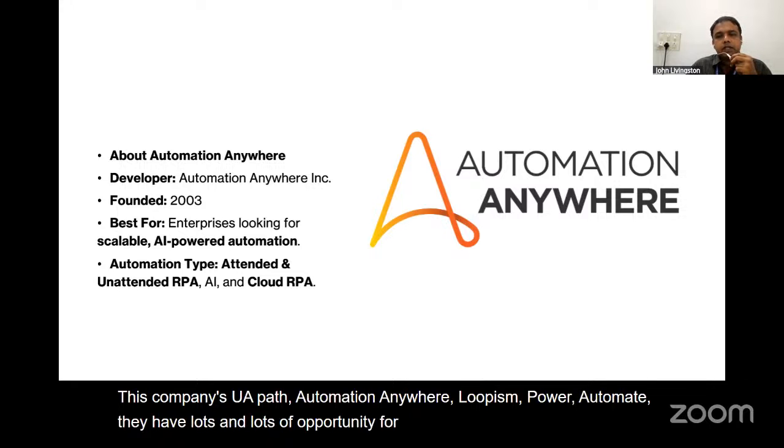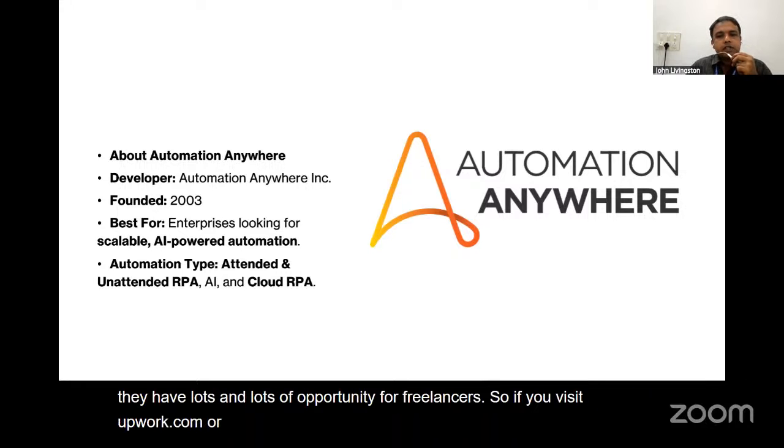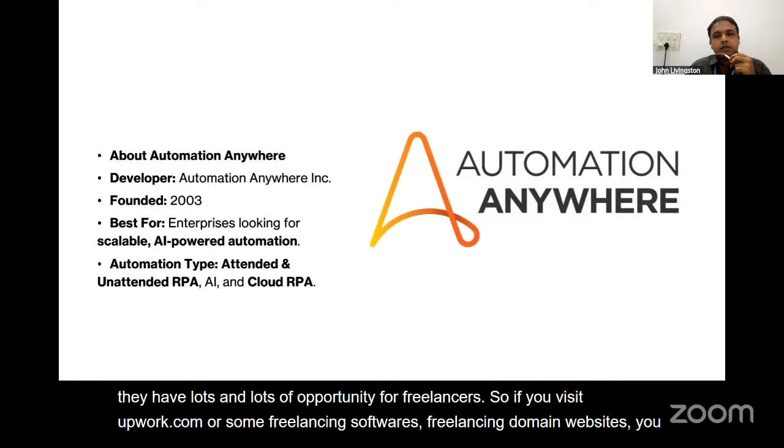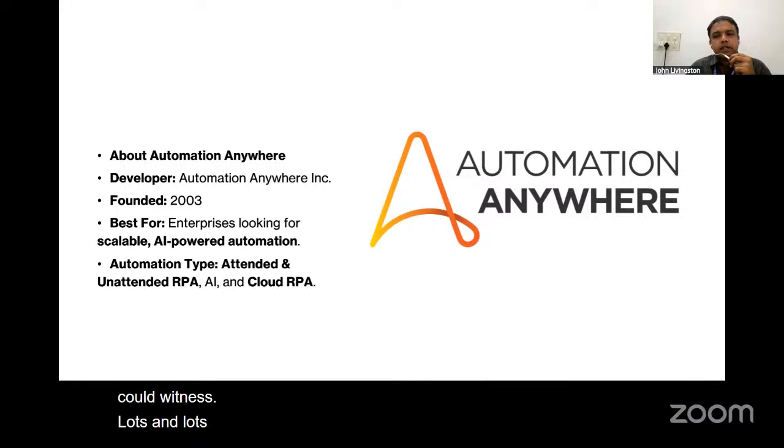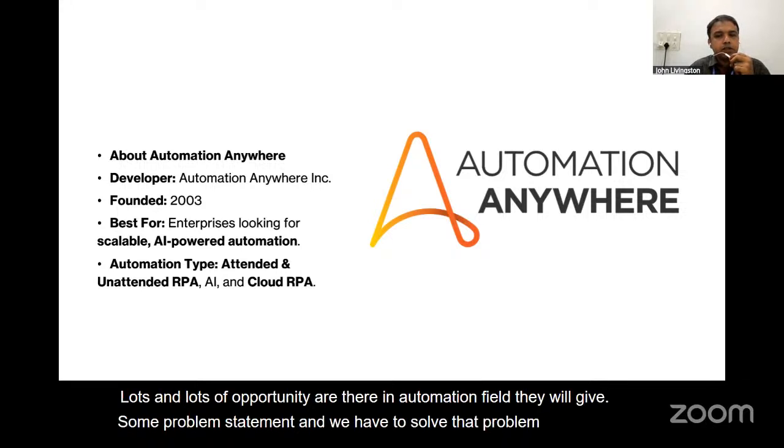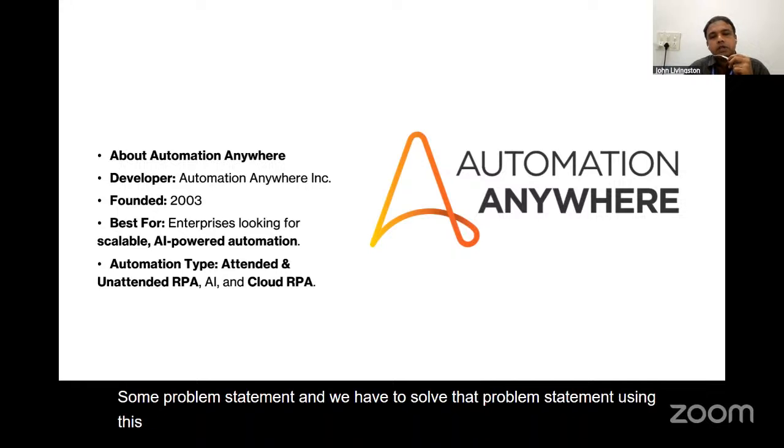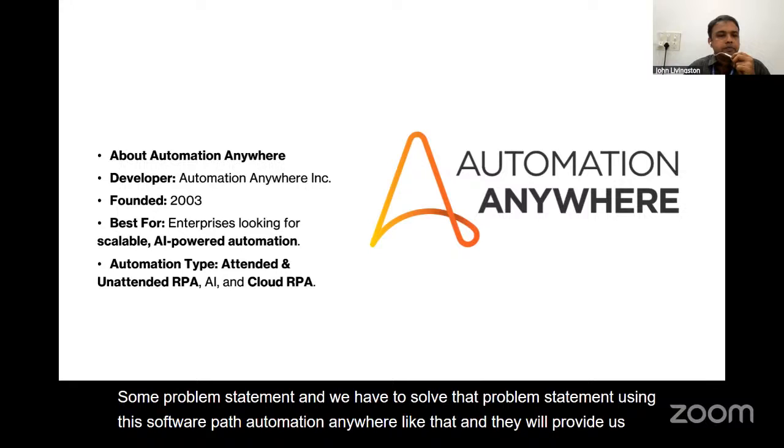If you visit Upwork.com or some freelancing websites, you could witness lots and lots of opportunities in the automation field. They will give a problem statement, and we have to solve that problem statement using these softwares, UiPath, Automation Anywhere, and like that, and they will pay us money.